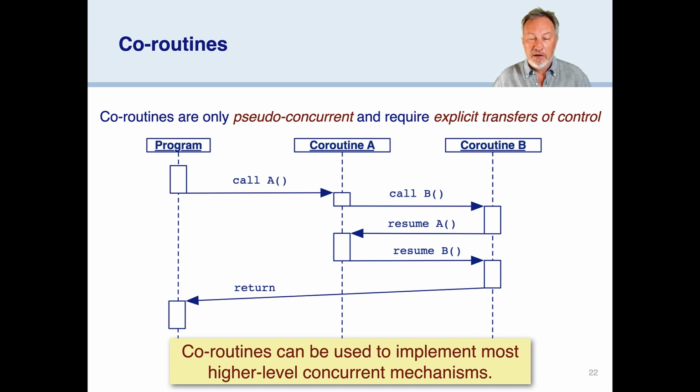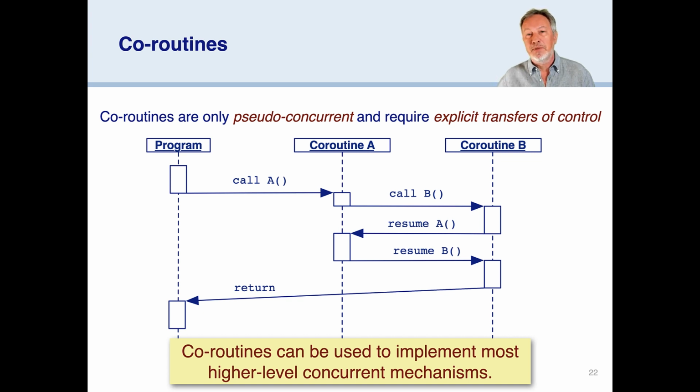In particular here we have visualized a program with two coroutines, coroutine A and coroutine B, and the program can call coroutine A. Coroutine A runs for a while and then it calls coroutine B. But coroutine A is not finished. Coroutine B, instead of returning, at some point says, oh, well, A needs to do some work, so we'll let A resume.